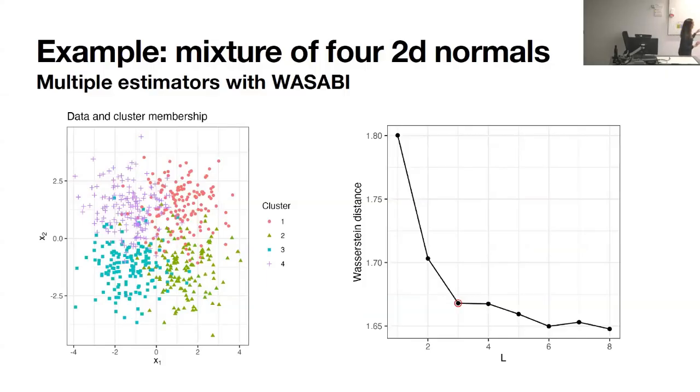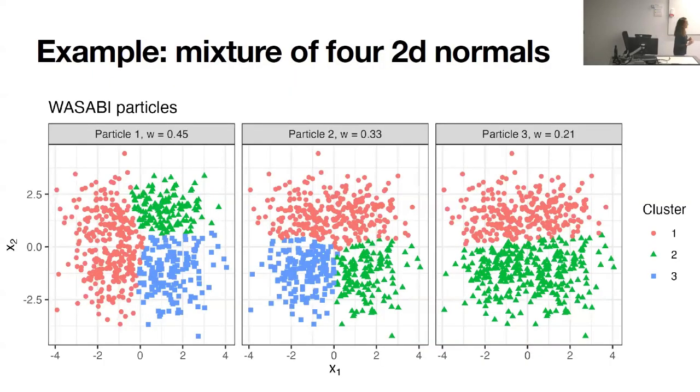And instead, we use WASABI to summarize this with not 1, but multiple particles. Here, maybe 3 seems to be good enough to approximate this. We can see that we no longer have that funny L-shaped clustering solution, and we see there's 2 possible solutions.